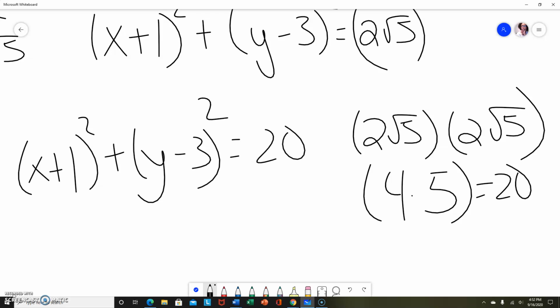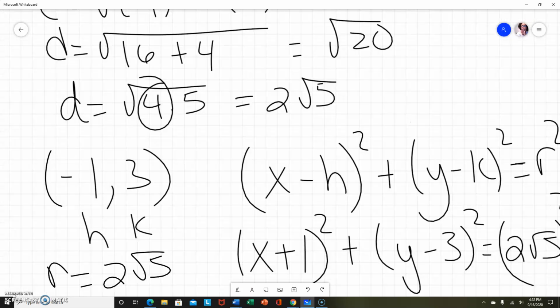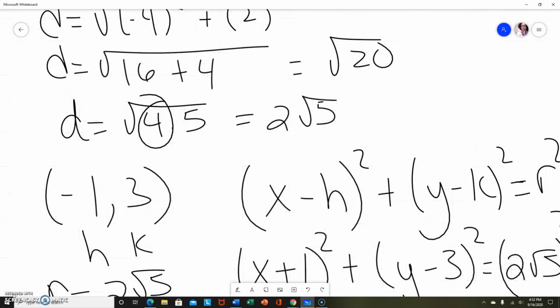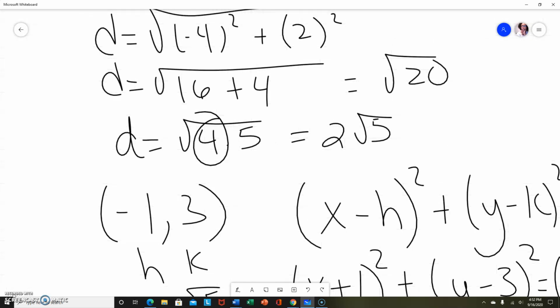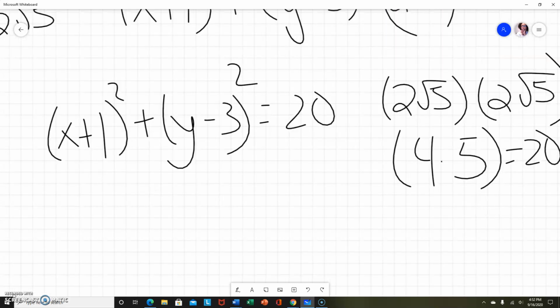Our distance formula gave us 20, but we took the square root of it to find the actual distance. And so we had to square it again to get the radius squared for our formula. So that just takes us back to that 20.